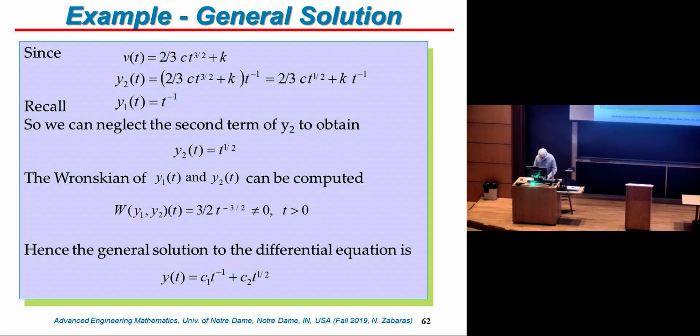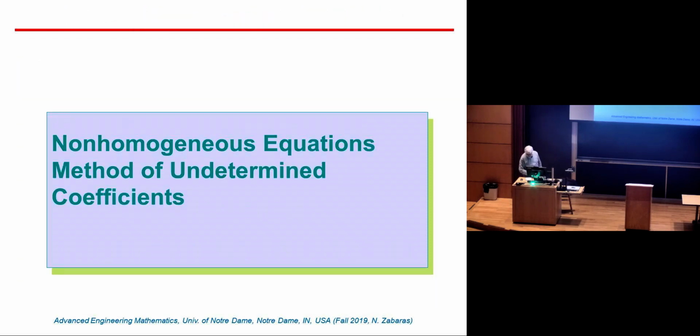So now what I want to do is discuss non-homogeneous equations. So there is something on the right-hand side. And I'm going to take you through a lot of possibilities when the right-hand side is a simple function.